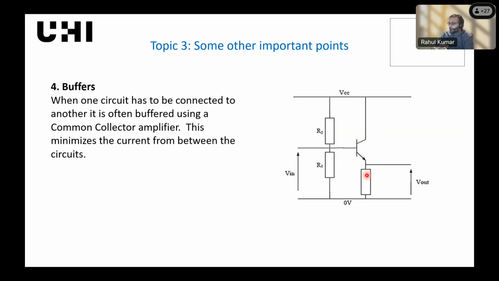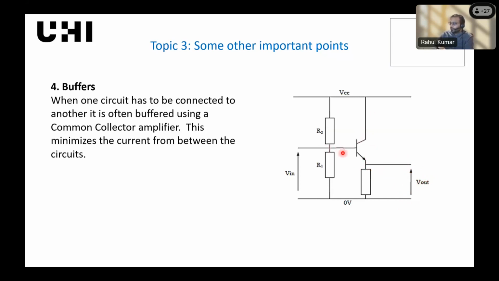Right? And this is a common collector amplifier. Normally we connect the output at the collector. So output is collected from the collector side, V out, which is your common emitter amplifier.